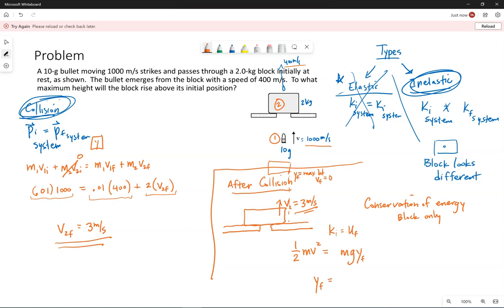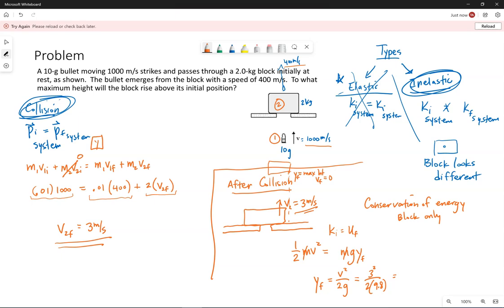And we can find, see, mass will cancel. We can find that maximum height knowing how fast the block is traveling immediately after the collision. How fast does it get going because of that bullet?